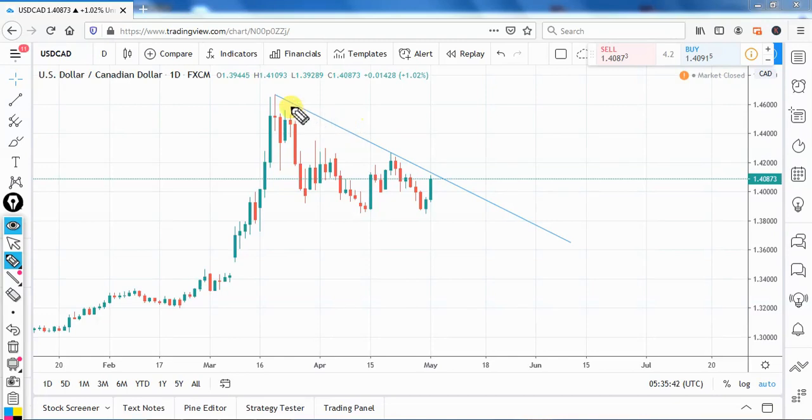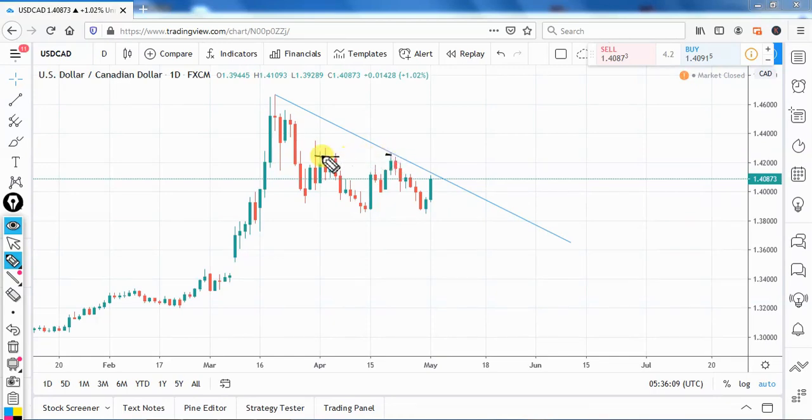We also have this nice trend line up here, and we've seen that the price made it down to this low, and then it went up and gravitated toward this low, and it broke this low down here. Then it went all the way up and tested these highs up here.